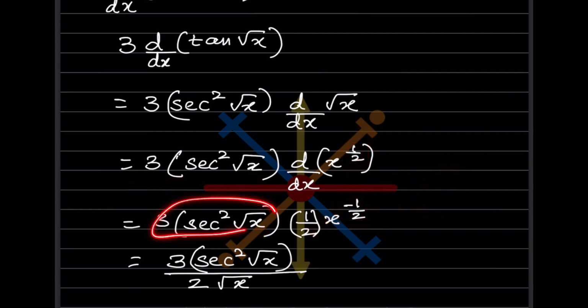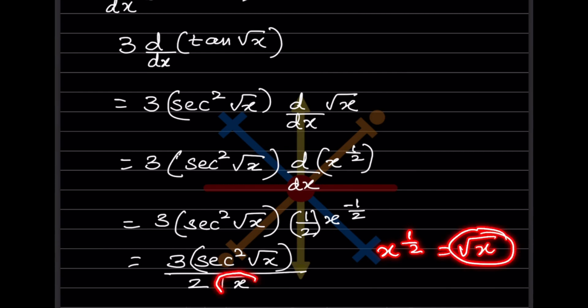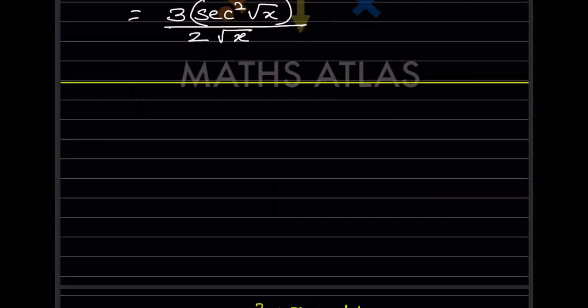This is 1 by 2, so this 2 will go in the denominator, and x raised to minus 1 by 2, if we take it to the denominator, is going to be x raised to 1 by 2, and this can also be written as root of x. Hope you got this. So this is written directly, or if you want, you can do one more step for this. So this is the answer.